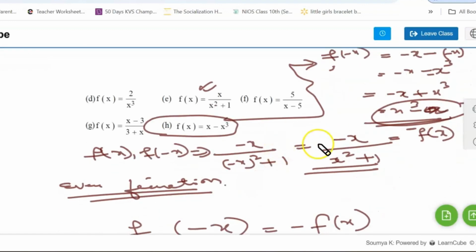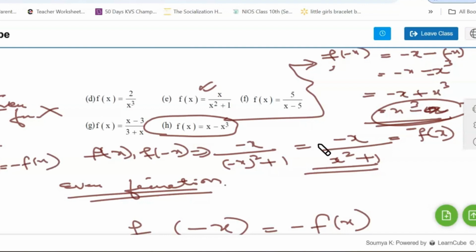So if you see here, f of x is not equal to this one, it's not x cube minus x, so that even function property is not satisfied, even function not done. Let's check odd function. Odd function says f of minus x equal to minus f of x.